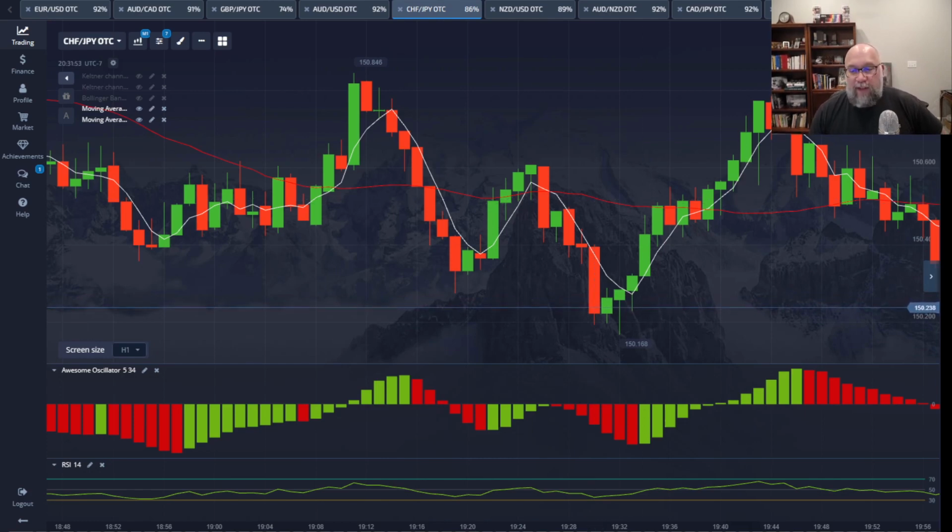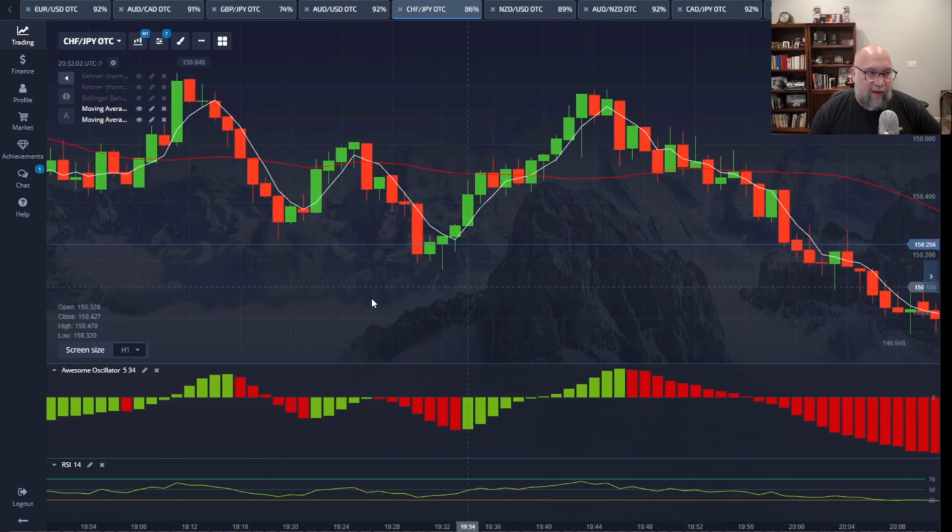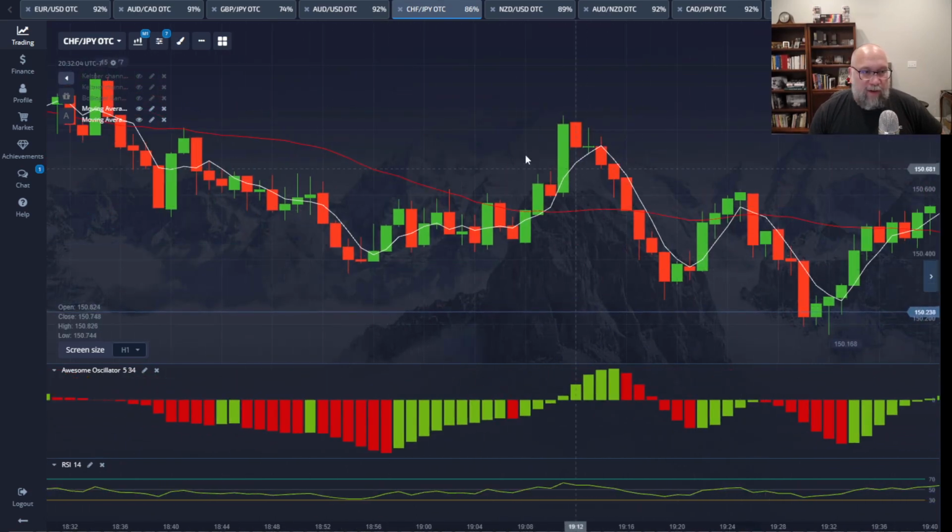The volume has a large influence as to whether this is going to work or not. So if you have really high and heavy volume in the second candle, right here, if we had really heavy volume in this candle, that would be super helpful.